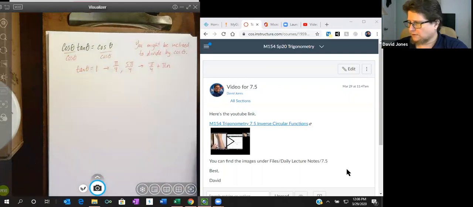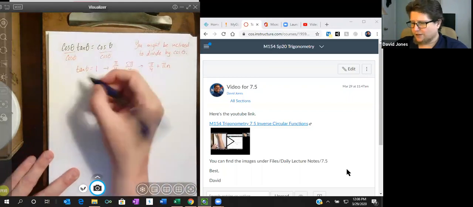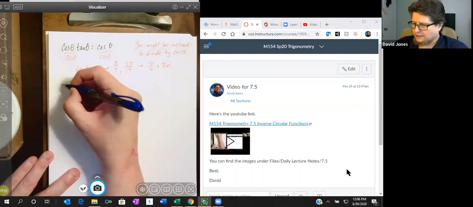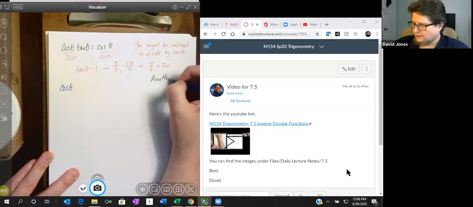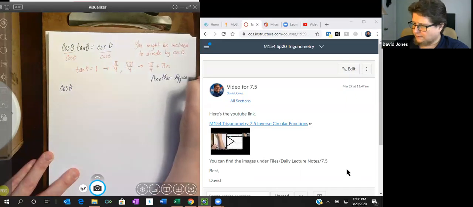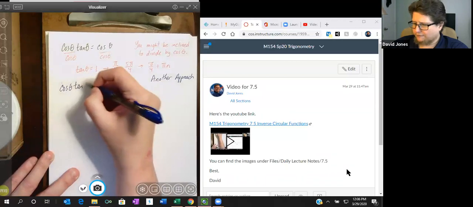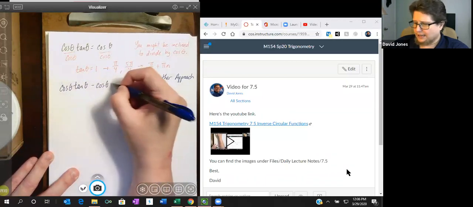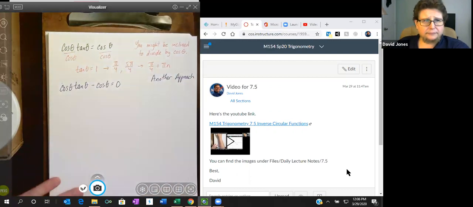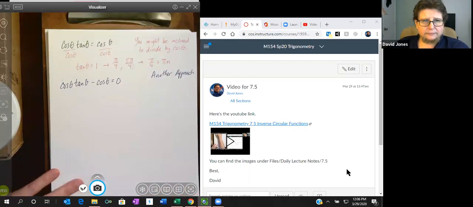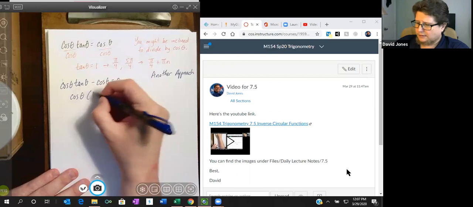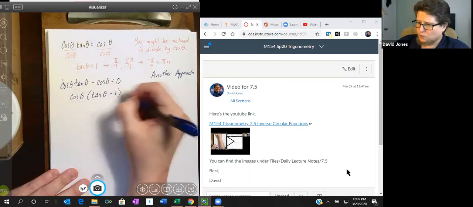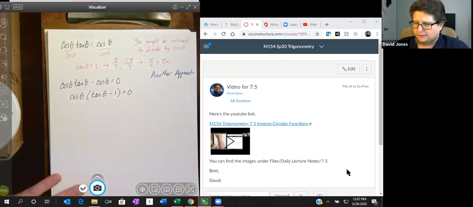Now, what happens if we move the cosine to the other side? Another approach. If I move cosine theta from the right by subtraction to the left, I can factor out cosine theta. I'm left with tangent theta minus 1 equals 0. And now I've got two things that multiply to make 0.